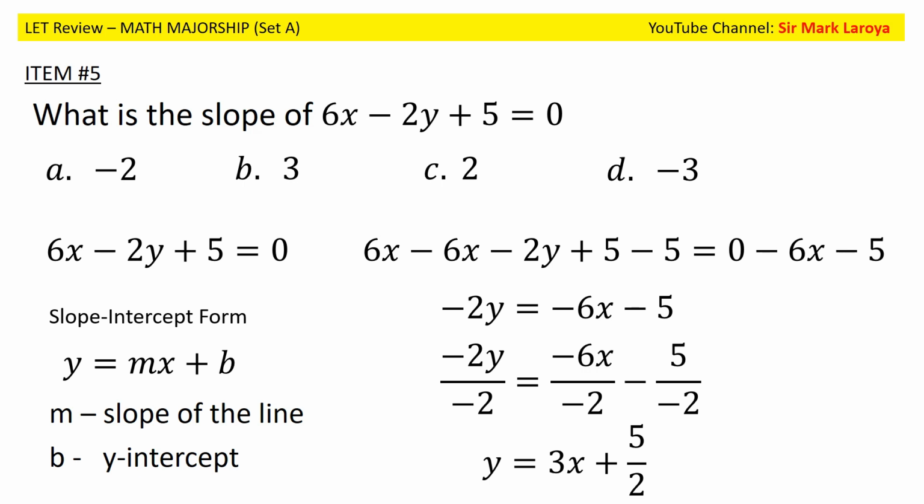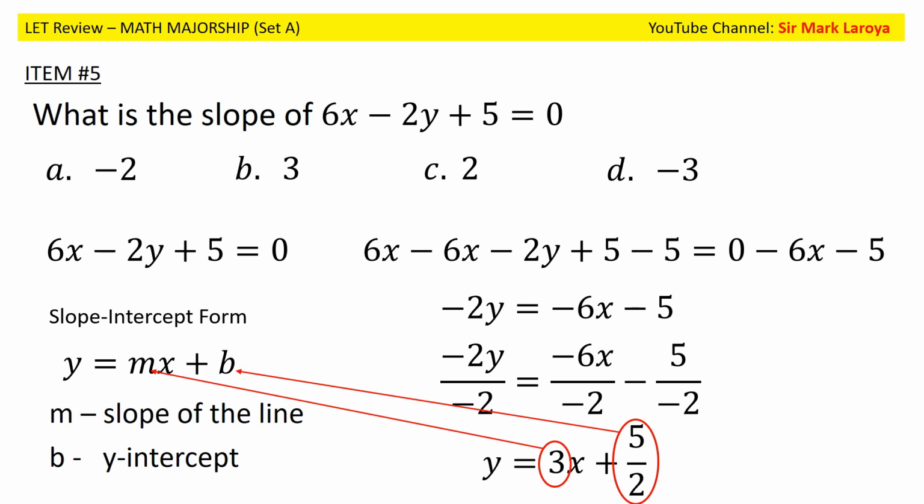So, na-express na natin ngayon yung ating equation into slope-intercept form. Now, makikita natin na ang coefficient ni x here is 3. So, that coefficient of x, 3, is our m, the slope of the line. While the constant, positive 5 over 2, yun naman ang ating b, the y-intercept.